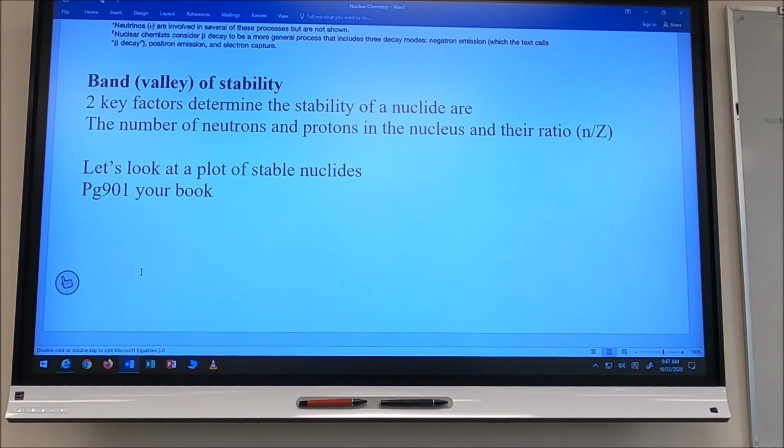They think that they might have figured out how to link strong force, weak force, and electromagnetic force. Gravity is the big sticker. But for right now, we're going to talk about 4 basic forces. And these 4 basic forces affect the stability of the nucleus. Really, for stability of the nucleus, we're most interested in the strong force and the weak force. And how the strong force and weak force play out depends on the size of the nucleus and the ratio of neutrons to protons.